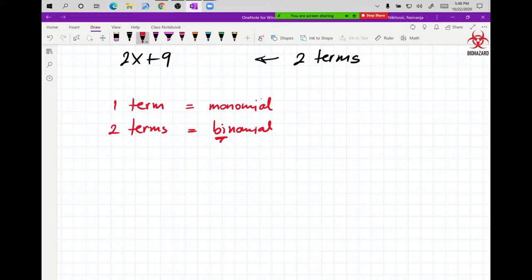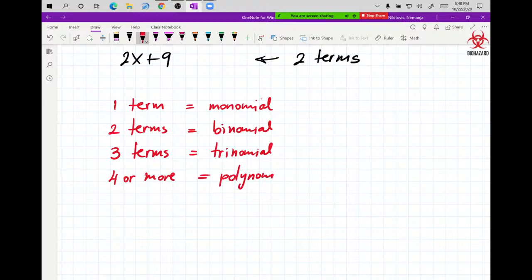The word bi in Latin means two. Then three terms. The special name is trinomial. The word three, I don't have to explain that one. It's just spelled differently. And then four or more is simply called polynomial, meaning poly, meaning many, from Latin as well.